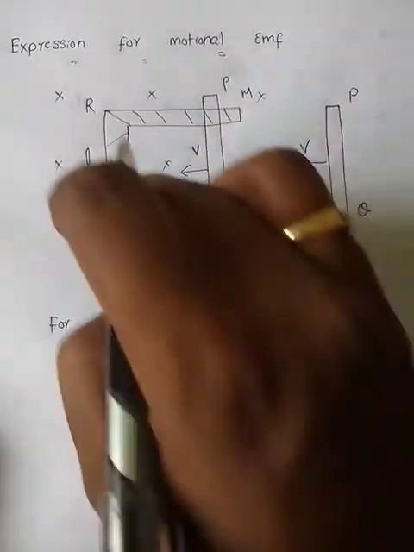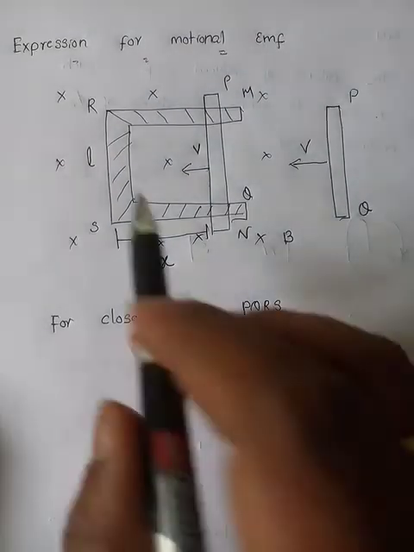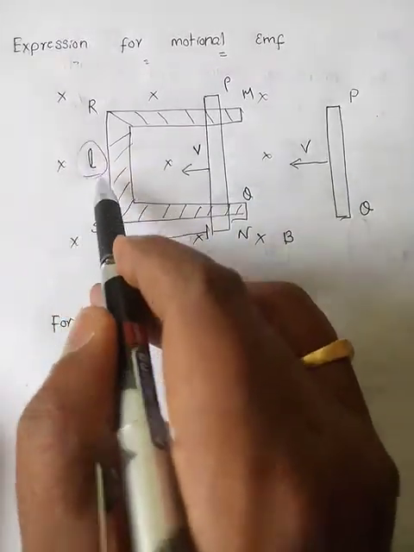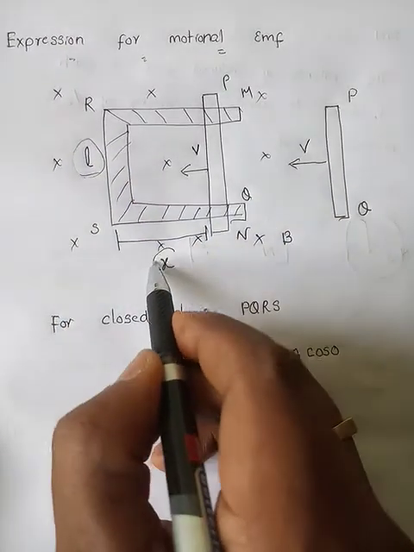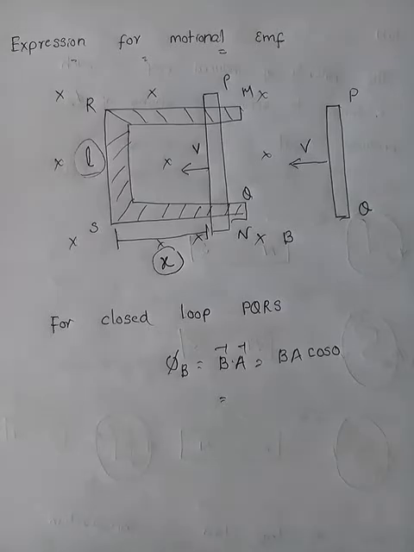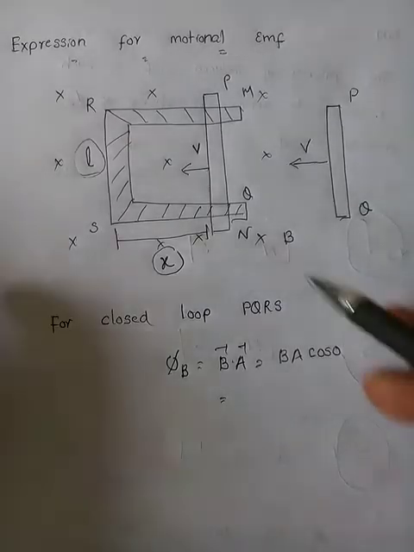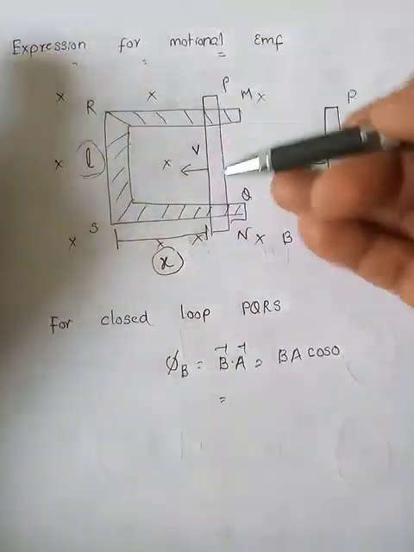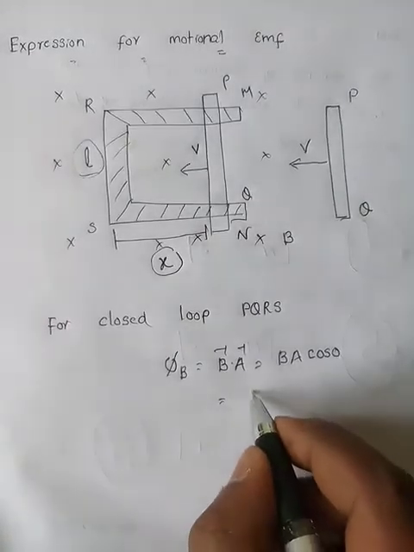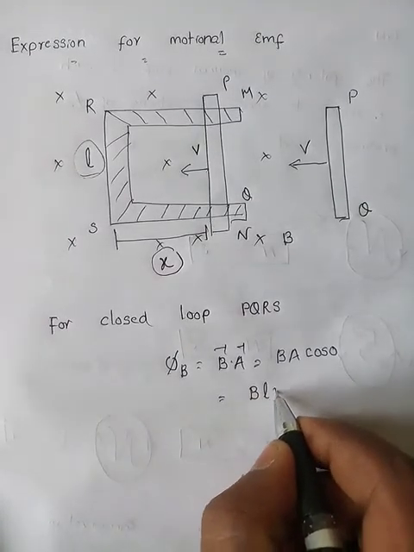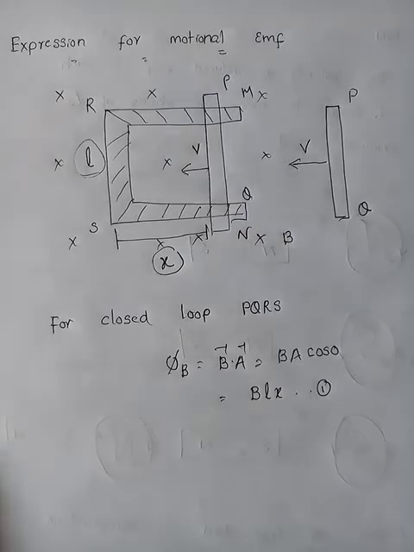What is the area of this rectangle? Length into breadth. The length is L. The breadth is x. It keeps on changing, but at this time it forms a loop of breadth x. So the area is equal to BLx.